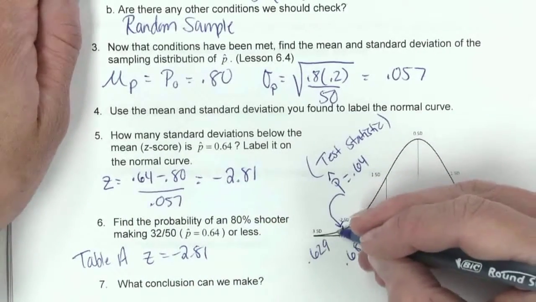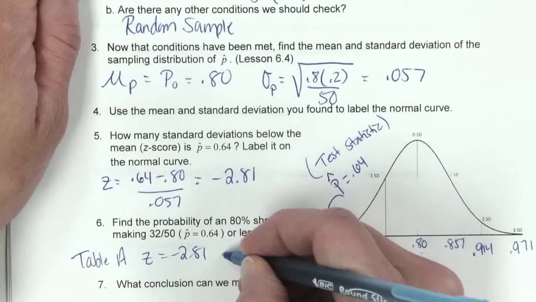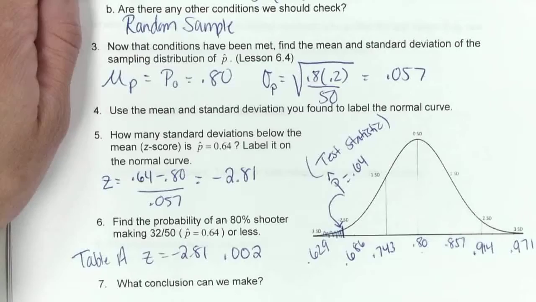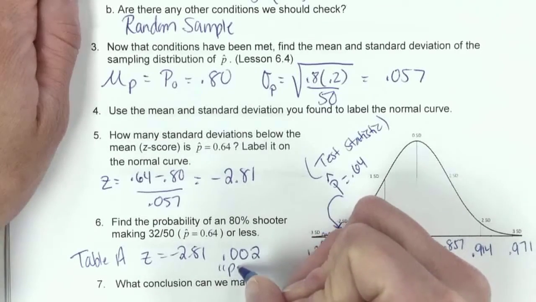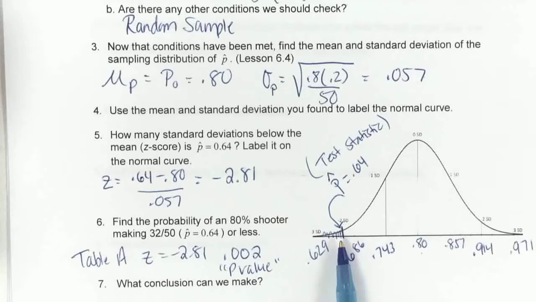The area to the left of that z-score represents the percent of times we would expect that outcome or less to occur, and the area from the table is 0.002, roughly. So that right there is really our p-value. The probability of obtaining a sample at least as unusual as we did purely by chance.